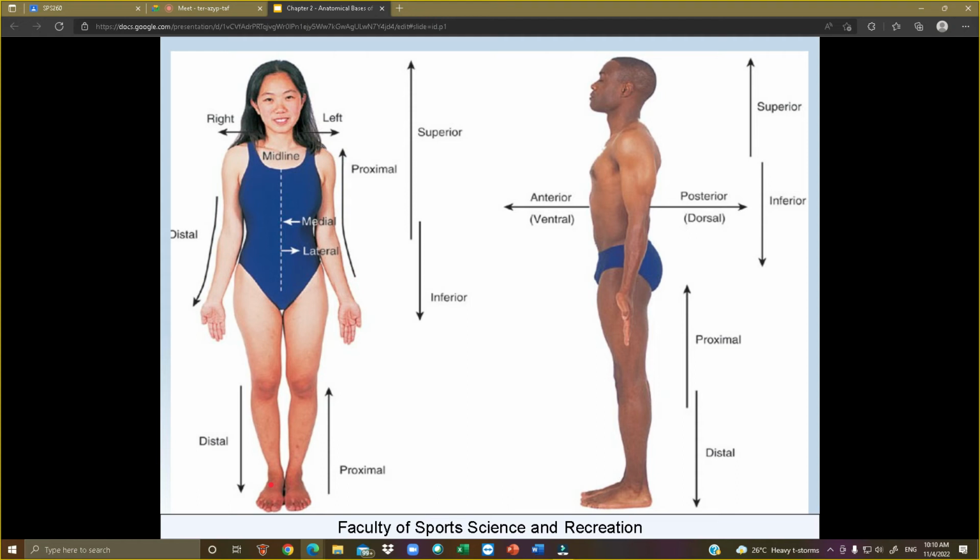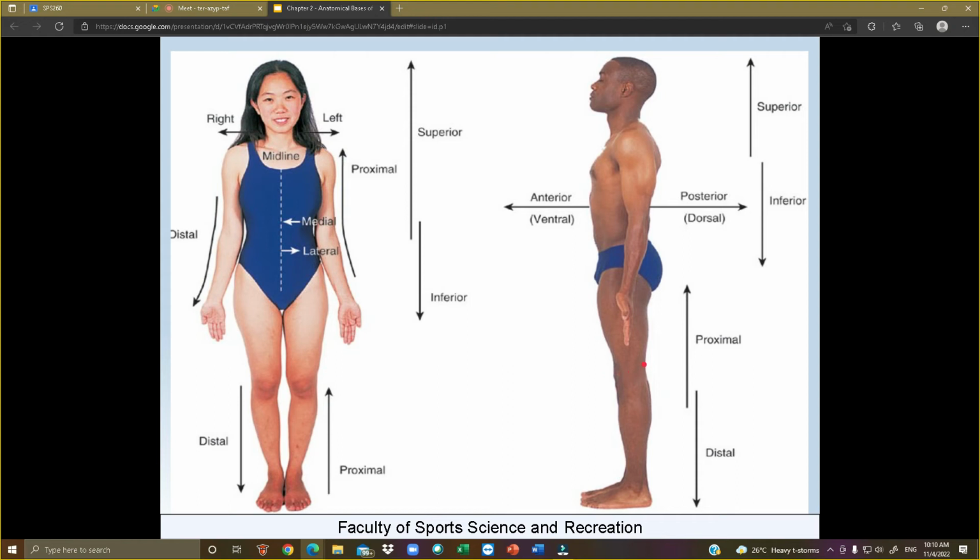Okay, the origin most of the time is your body. This will be the origin. Jadi kalau kita bezakan, what is the proximal, what is the distal?